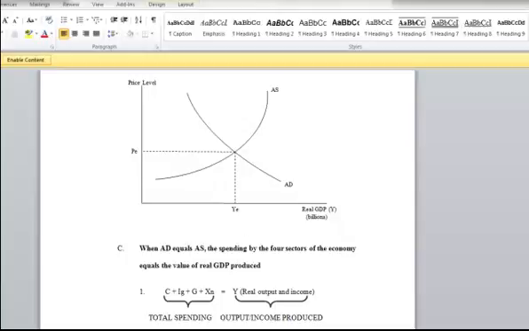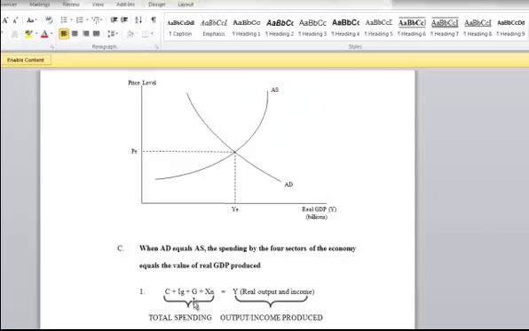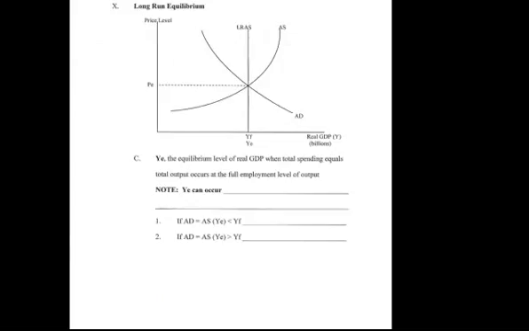Now let me switch back to that PowerPoint. Short-run equilibrium, remember, is where aggregate demand and aggregate supply are in balance.